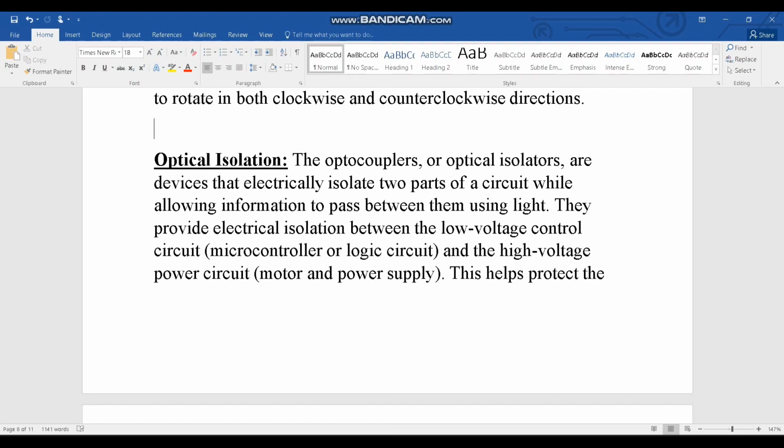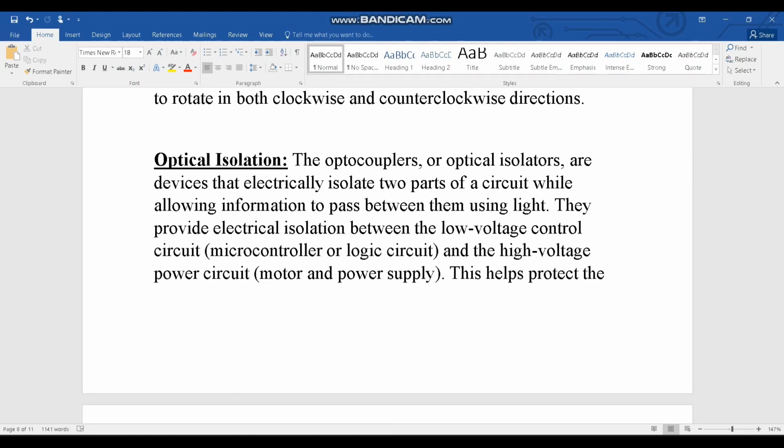It takes input as a current and then sends light to the front part of the circuit, which is an LDR that receives light. So it electrically isolates the two parts of the circuit while allowing information to pass between them using light.